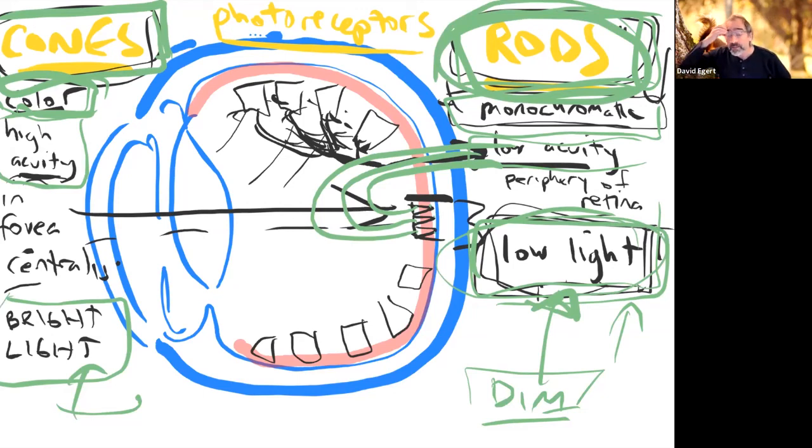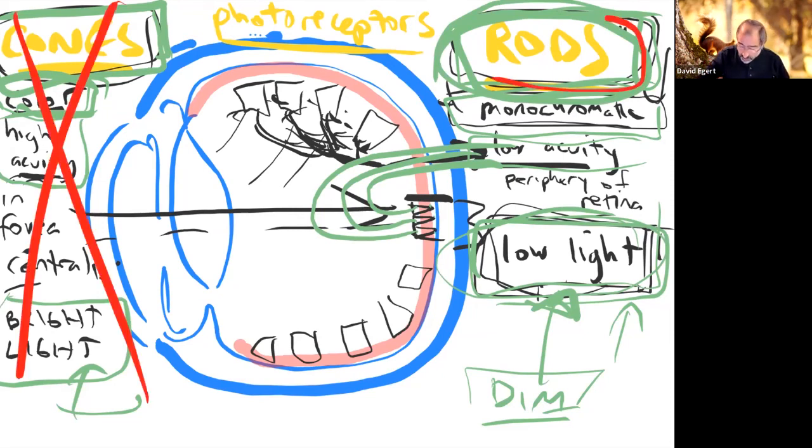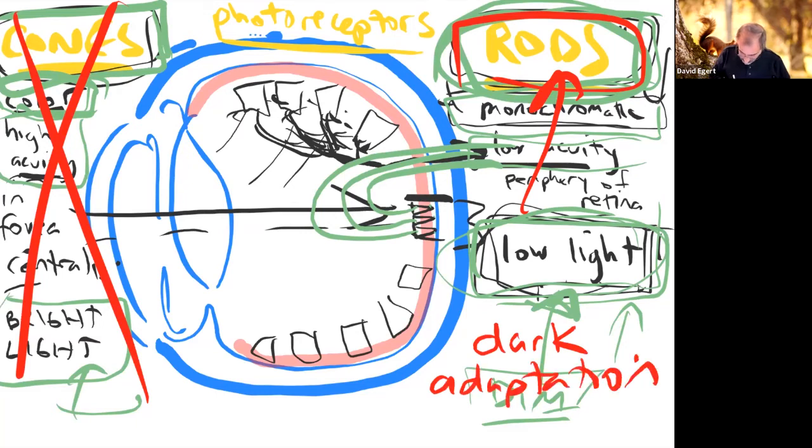So when you first turn off the lights, you might not see much of anything because the cones aren't functioning, but the rods haven't come online yet. We have what's called dark adaptation. Rods come back online after they've been in bright light and all got bleached.